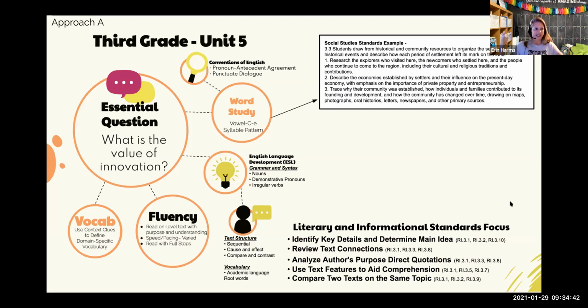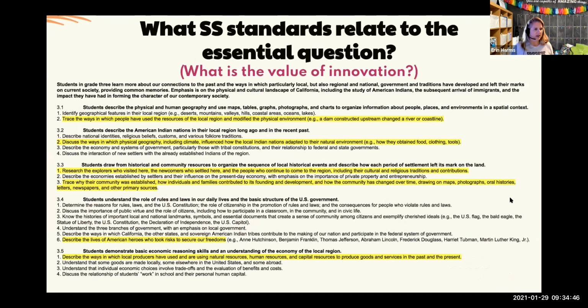And so you can see how that really can apply to so many different areas other than just literacy and just social studies. So the essential question for third grade, unit 5, is what is the value of innovation? So I highlighted all of these standards in the social studies that could absolutely help and support that.